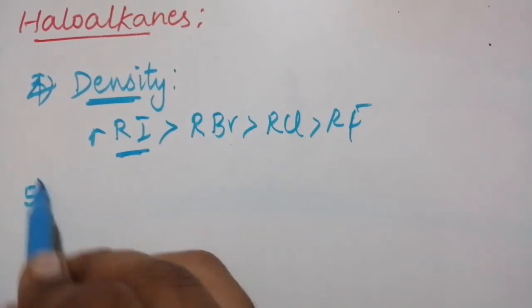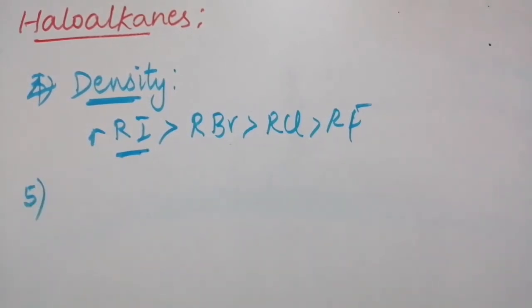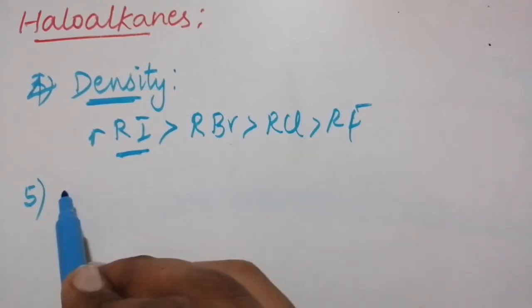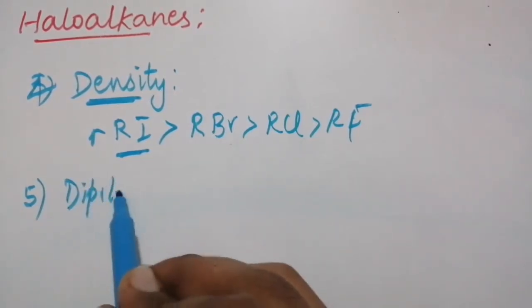And the last physical property of haloalkanes is the dipole moment.